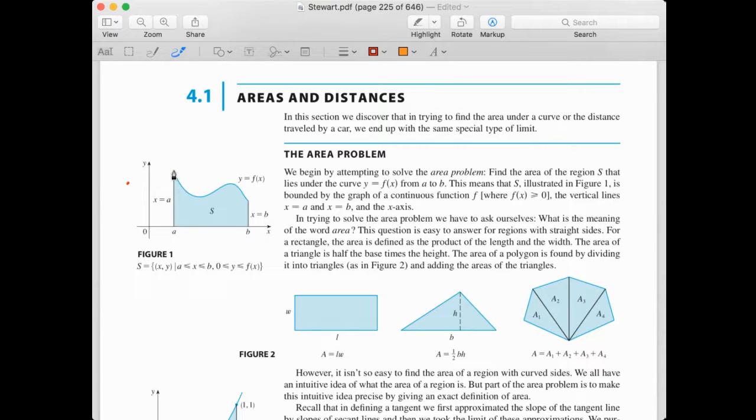This point, the y value is f of a. This is f of b, and the not-straight side I can consider as a function. So this is my f of x. Here I have f of a, and here I have b, f of b.